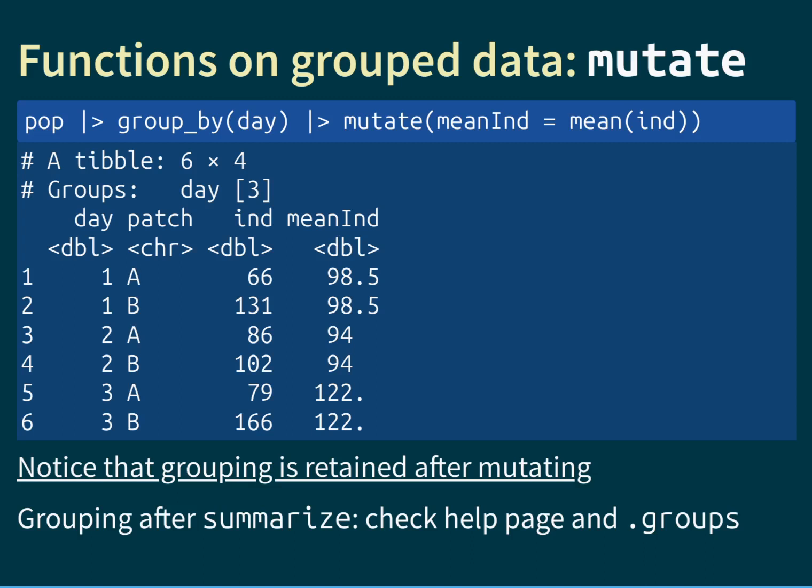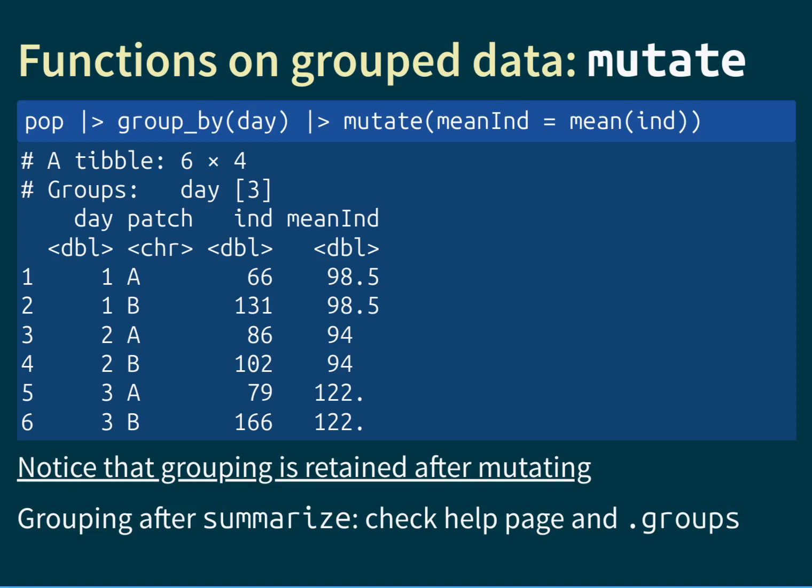So for this reason, one has to be aware of the fact that the grouping information is not removed just by performing some sort of operation such as mutate or such as filter on the grouped data. Now, just to make that a tad more confusing, the summarise function does not work in the same way. Namely, if we apply summarise to grouped data, then the grouping structure will change after that application.